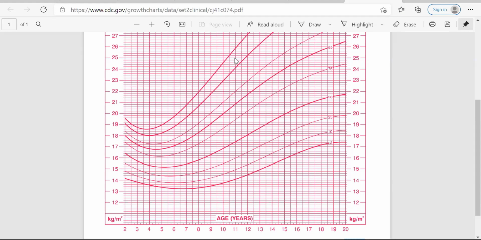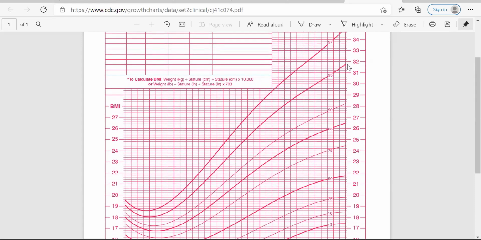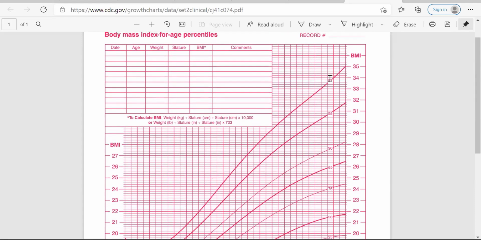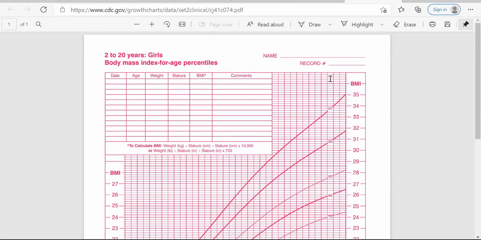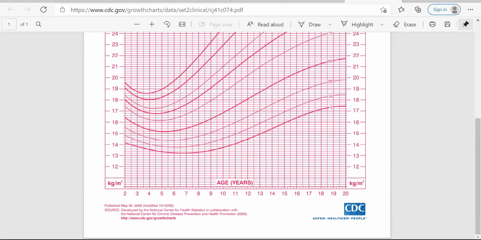So this is the line, right? And what is this line? This line is above 95th. If it is above 95th, what is the interpretation? All right, now you got it.